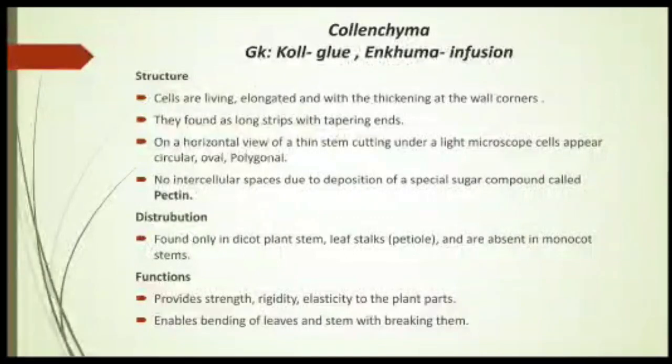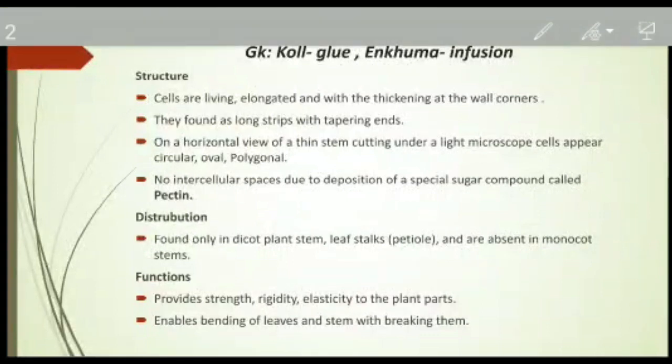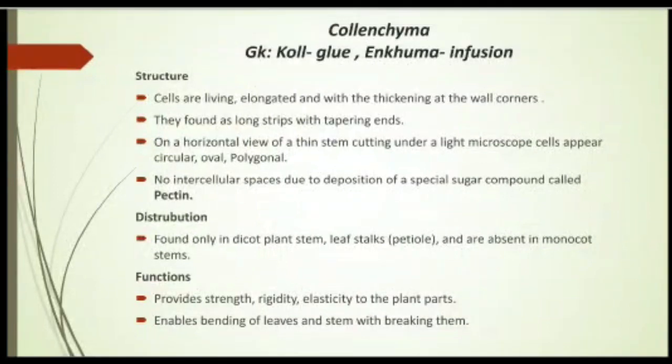Students, we have already seen and studied the first type of simple permanent tissue, that is parenchyma. Now we will begin with the second type of simple permanent tissue, and its name is collenchyma.